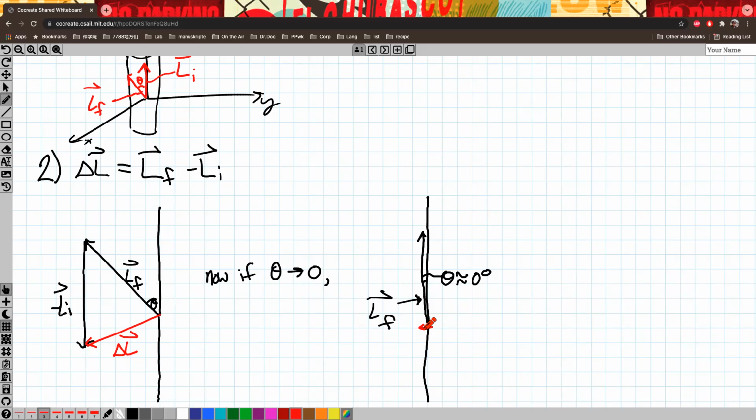Yeah, because as this angle gets smaller and smaller, this vector is going to turn, going more and more horizontal, until it's basically a tangent that's exactly horizontal. Okay, so that's the first part of question 2.